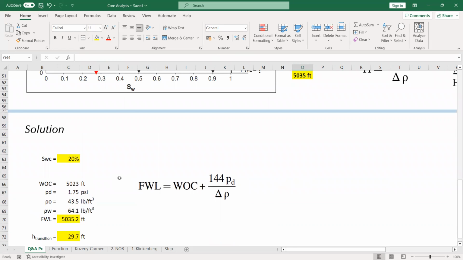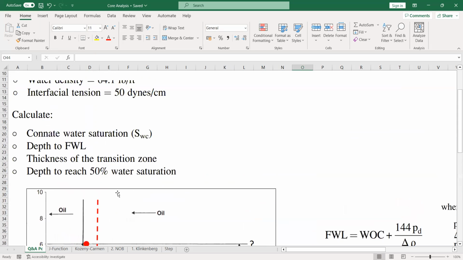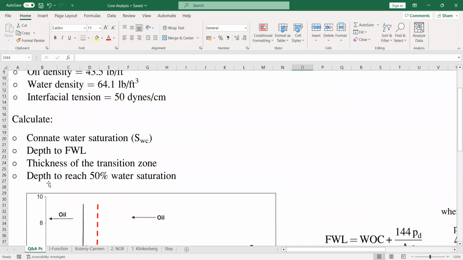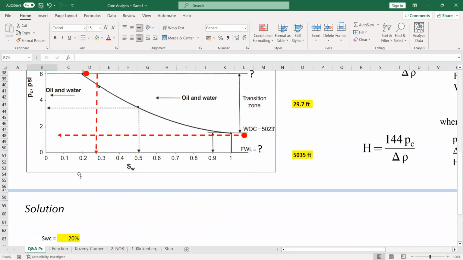And lastly is the capillary pressure at water saturation of 50%. So we have the picture already there, and we are asked the depth to reach 50% water saturation. The solution will be something like this. Of course, the depth, the location.